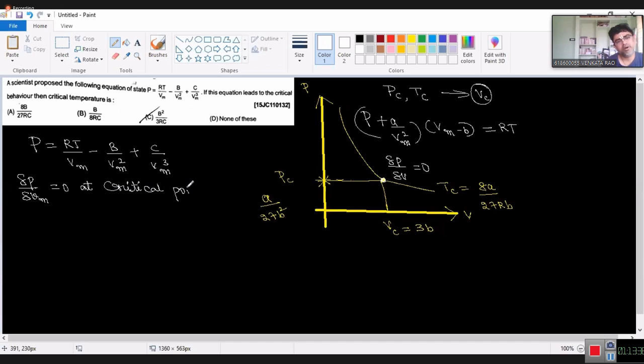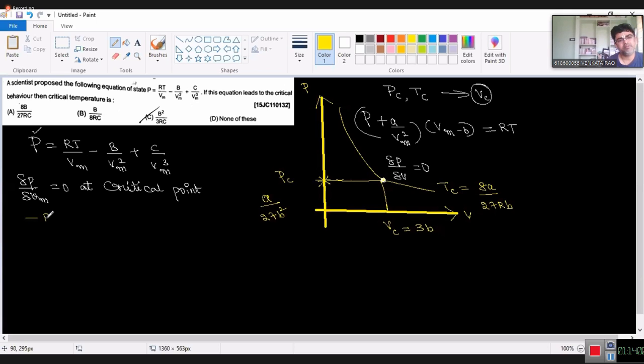At the critical point, volume and pressure are fixed. Temperature is also fixed. No change. So I can write dP/dVm is equal to 0. That means we need to differentiate this pressure with respect to molar volume. Tell me, differentiate and tell me.